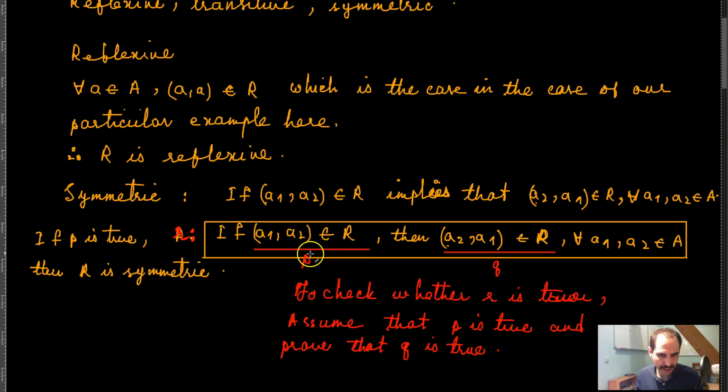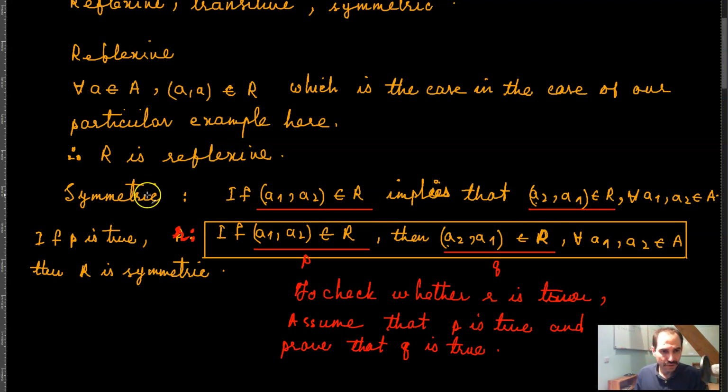So if you can do that, meaning that assuming that P is true, if you can prove that Q is true, then that means that the statement R is true, otherwise not. Or the same thing, if this statement implies this statement, meaning that if this statement is true, then this statement is also true, then you can say that R is symmetric, right?